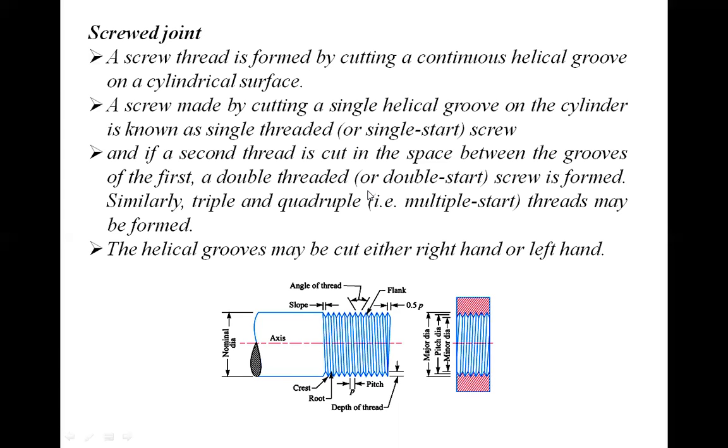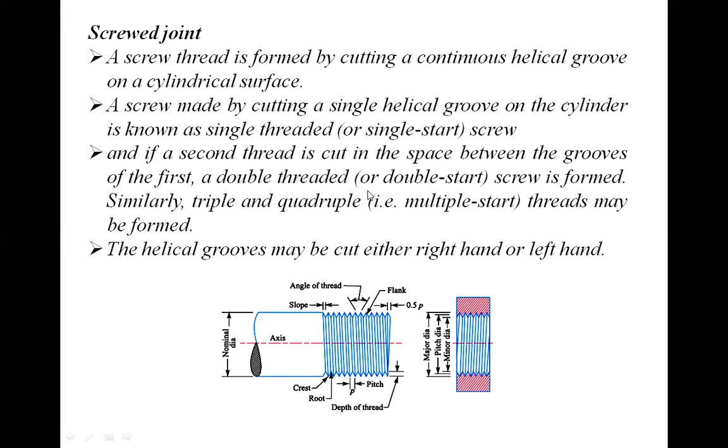If that screw is only single threaded, then it is called single start screw. If a second thread is cut in the space between the grooves of the first, then it is called double threaded. If there are three or more, then it is called multi-start.